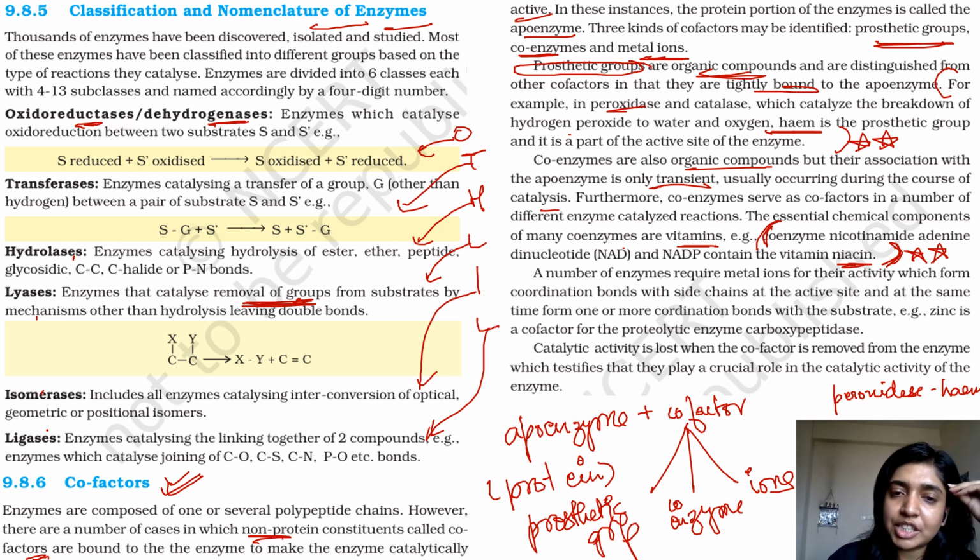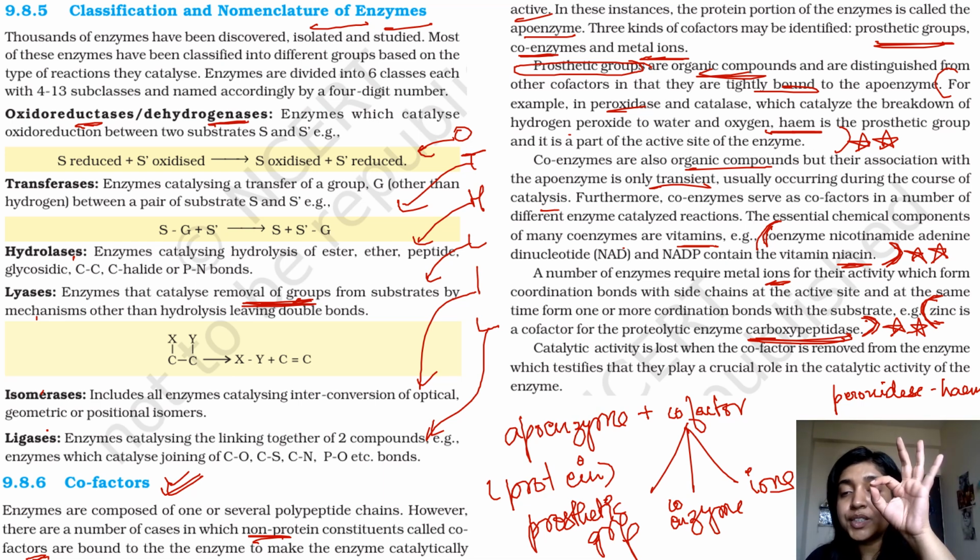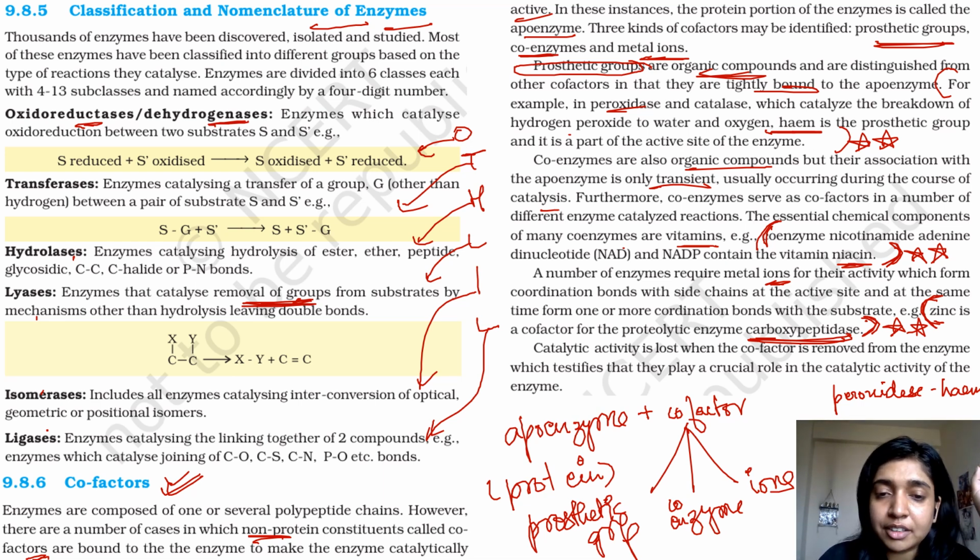Okay, remember this. A number of enzymes require metal ions for their activity, which form coordination bonds with side chains and at the same time form one or more coordination bonds with the substrate. For example, zinc is a cofactor for the enzyme carboxypeptidase. This has also come many a times in the exam. So remember, when you're talking about carboxypeptidase, associate it with zinc being the cofactor.